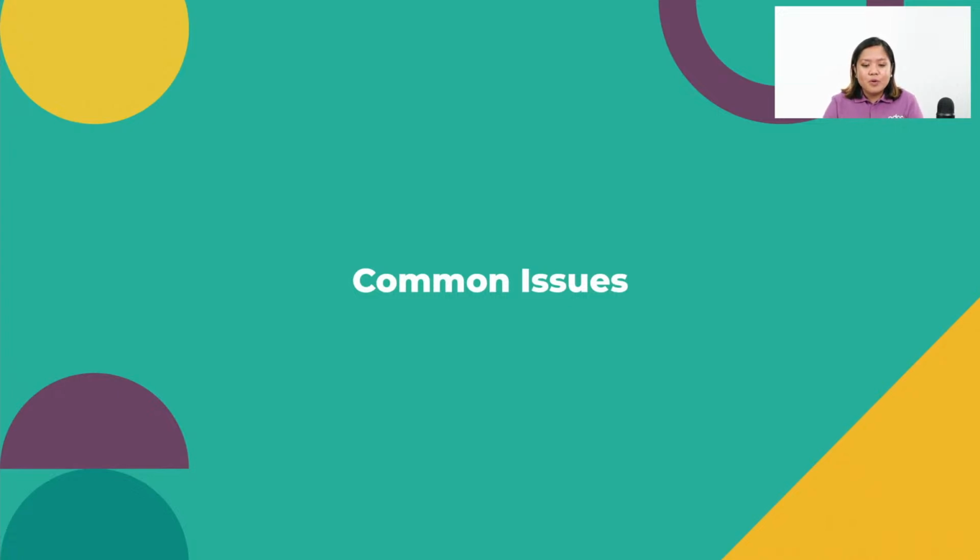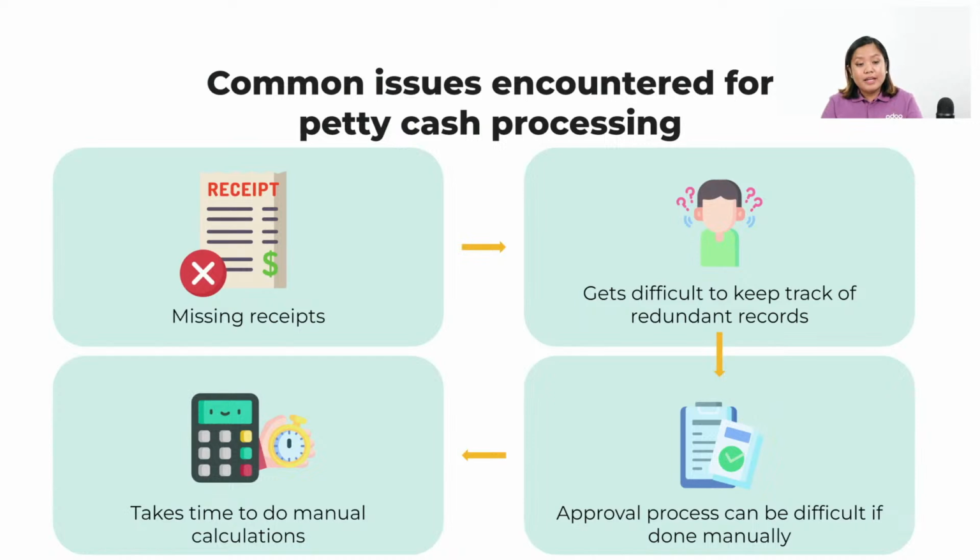Okay. We can discuss the common issues that we encounter. Typically, we experience this in the Philippines. Sometimes we issue petty cash to our employees, but they forget to keep the receipts or lose them, or even disasters happen, and if everything is on paper, sometimes you can't retrieve it.